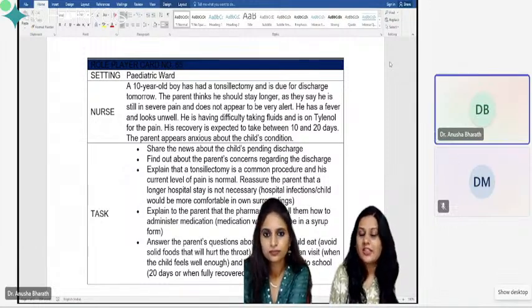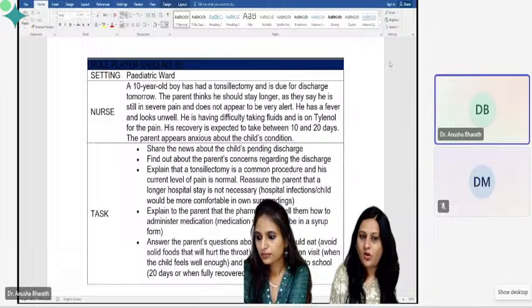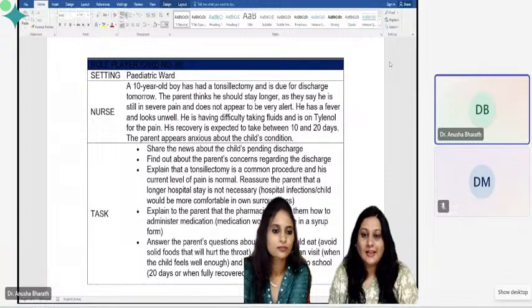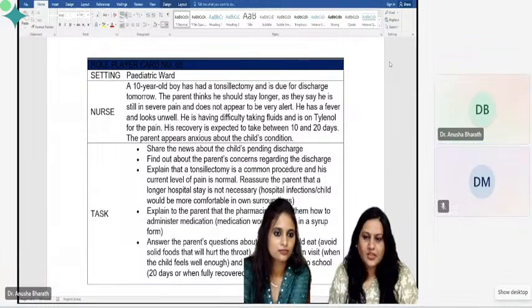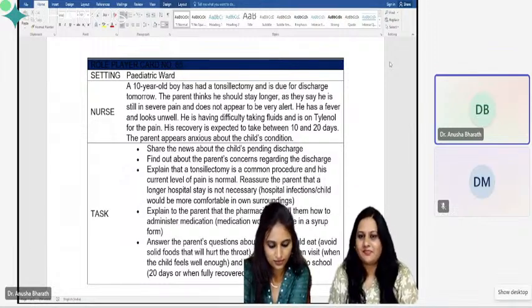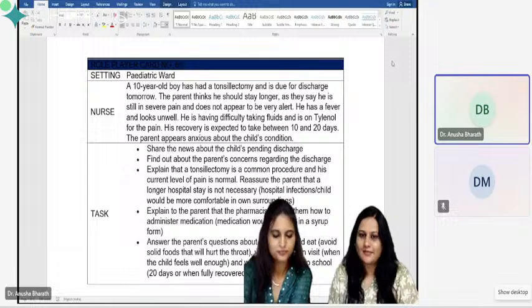The parent thinks he should stay longer as they say he is still in severe pain and does not appear to be very alert. He has a fever and looks unwell. He is having difficulty taking fluids and is on Tylenol for the pain. His recovery is expected to take between 10 and 20 days.